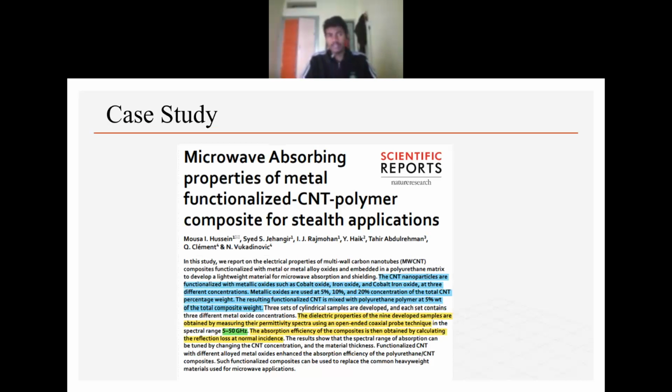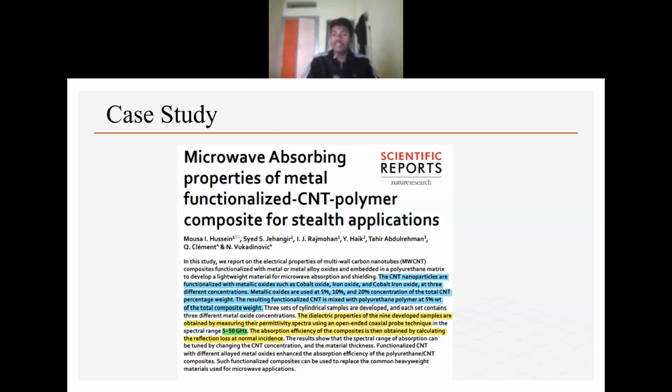In this case study, what we have chosen is the microwave absorbing properties of metal functionalized CNT polymer. Here we will be using carbon nanotube nanoparticles. These CNTs are doped with metal oxides like cobalt oxide or iron oxide at different concentrations, and these doped nanoparticles are mixed with a polyurethane matrix, a polyurethane solution, a type of liquid paint solution.